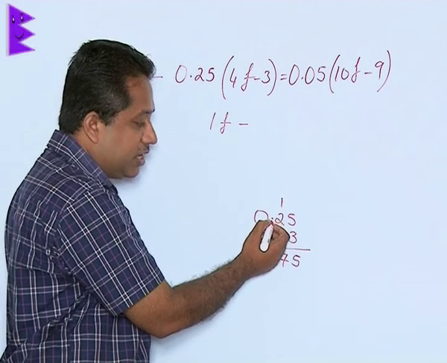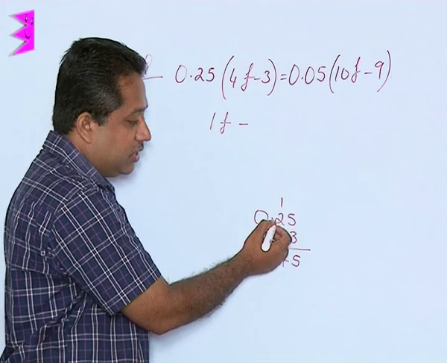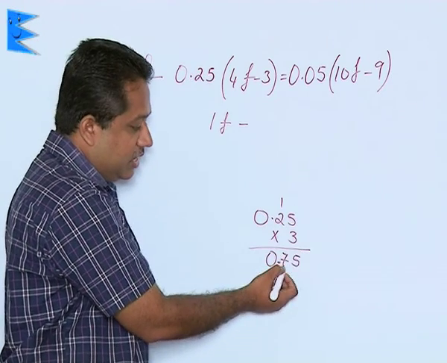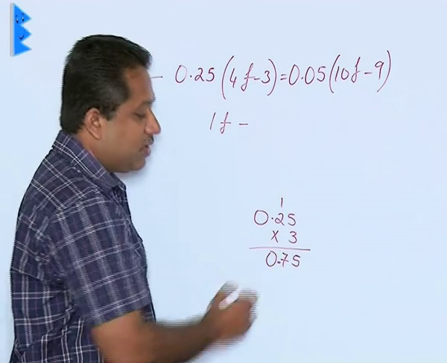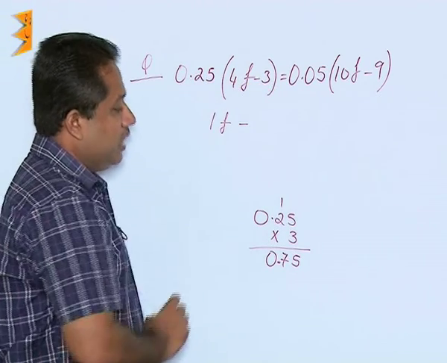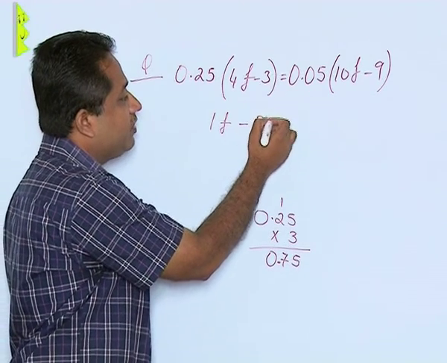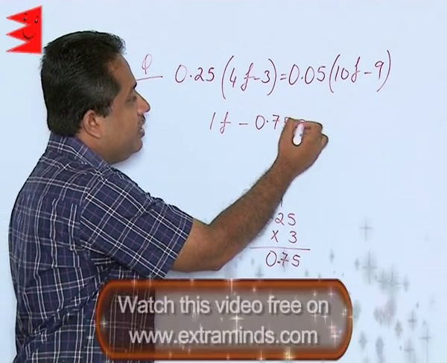Now, this decimal has to be placed here, because there are two values after the decimal. So, in the answer also there have to be two values after the decimal. So, here 0.25 into 3, the calculation is shown here, will be 0.75.